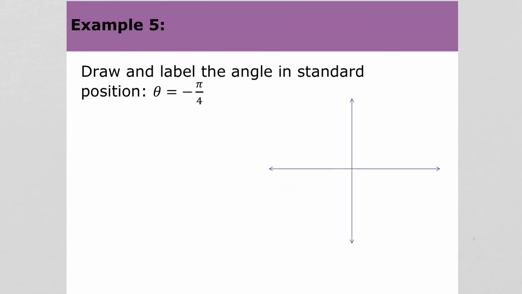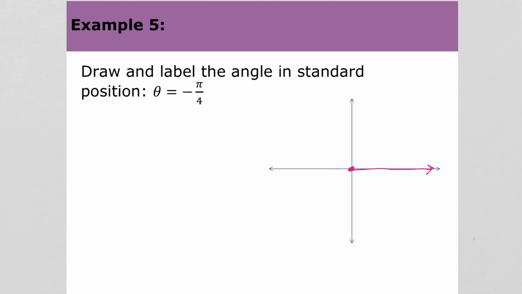So let's draw some angles here. When we draw angles, we're always going to start with the vertex at the origin, and we're going to put the initial side on the positive x-axis. This is negative pi over 4. So negative means we're going to go clockwise. We're going to go down, okay?